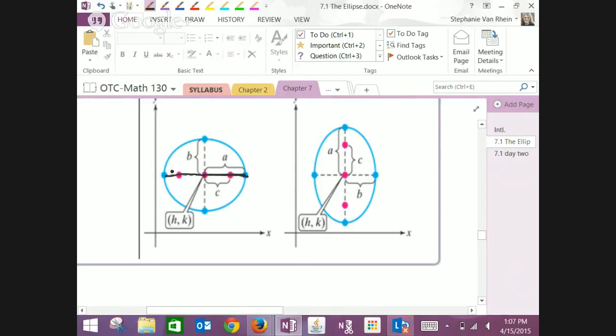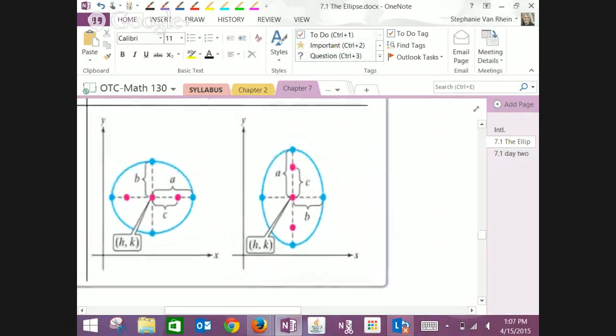The minor axis endpoints are always a B distance from the center. So if the center is at 0, 0, it's relatively easy to find. But if the center is shifted any, you just want to keep in mind all the Y components are going to be the same in this line, and all the X components are going to be the same on this line, right?